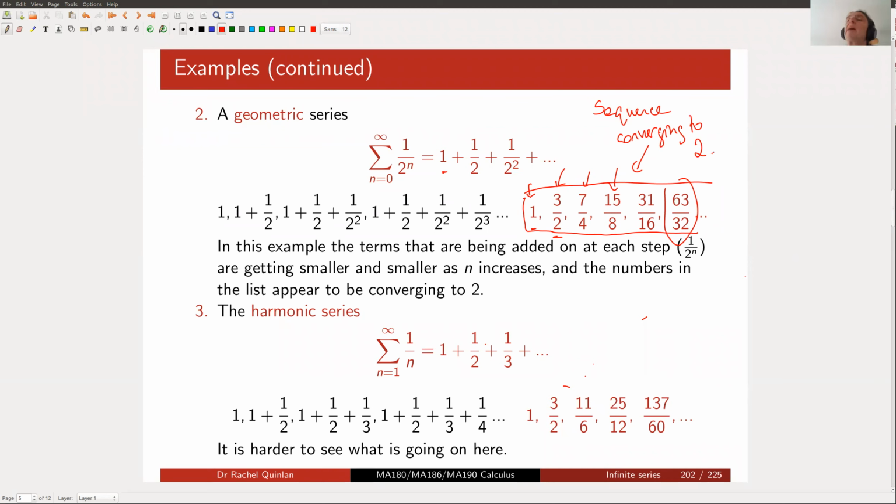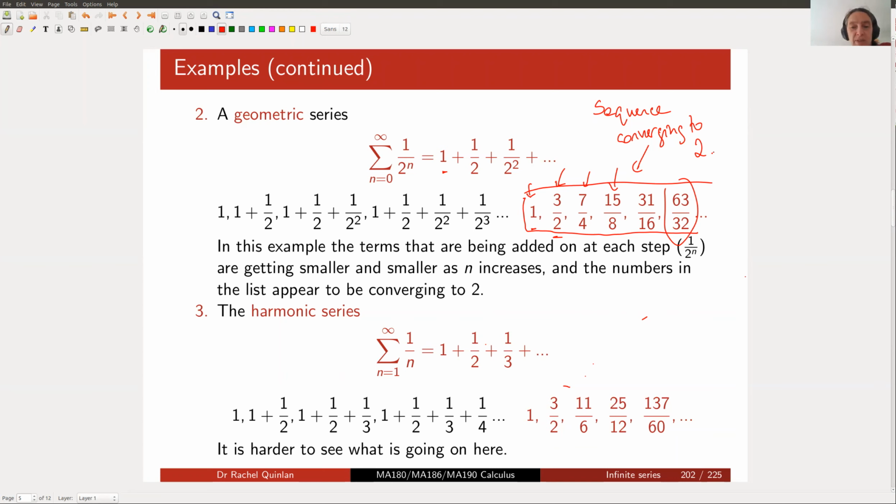That's essentially what we're saying. And that would be what we would mean by saying that the series is converging to 2, or that the sum of those infinitely many numbers is actually equal to 2. So that's an example of what we'll soon be calling a convergent infinite series, and its limit, or its sum, is 2.